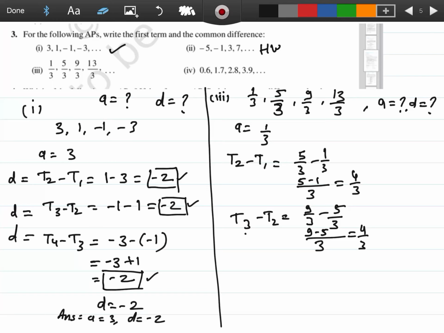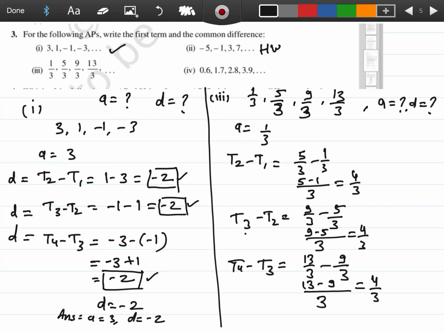Now T4 minus T3, that is 13 by 3 minus 9 by 3. Here the LCM will be 3. 13 minus 9, that is 4 by 3. So you can see the common difference between each term is 4 by 3.